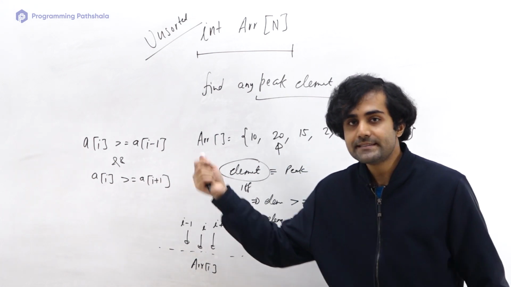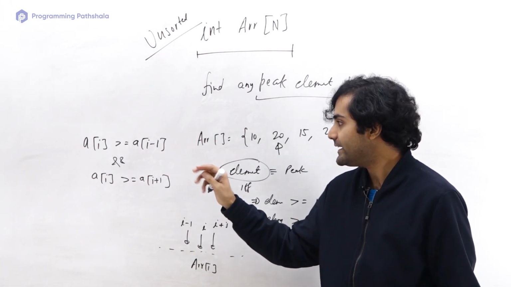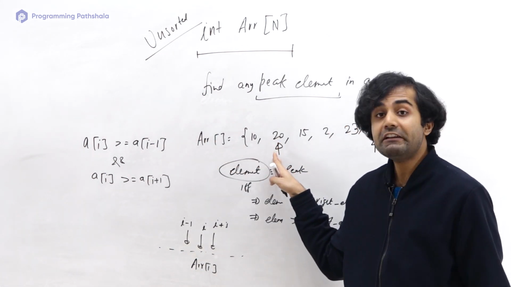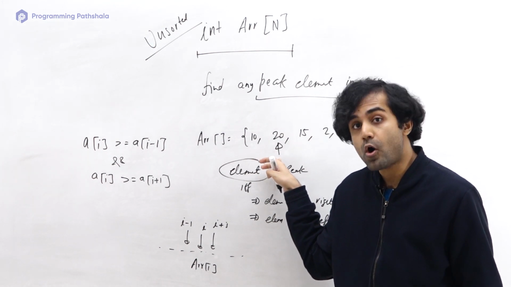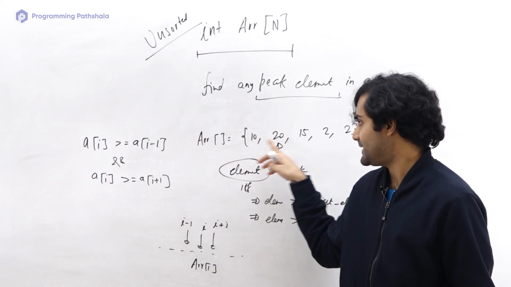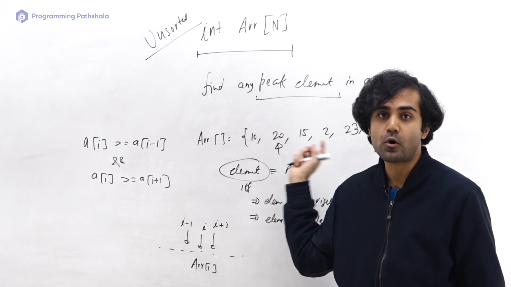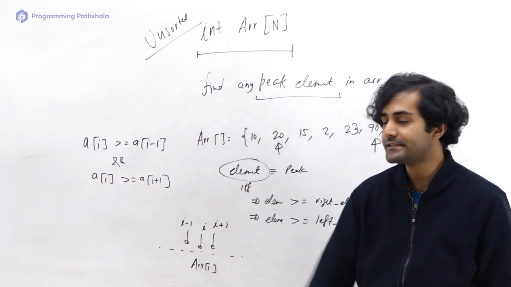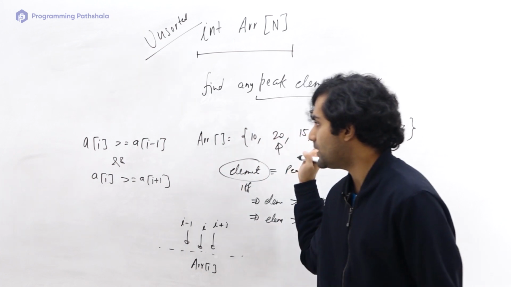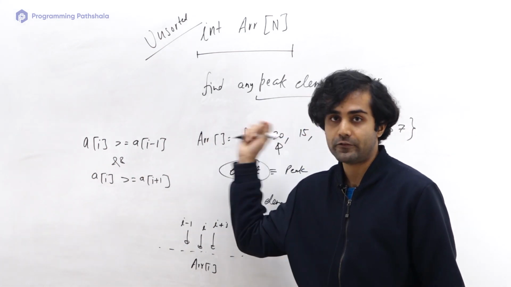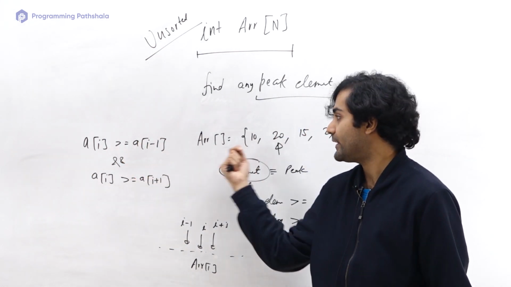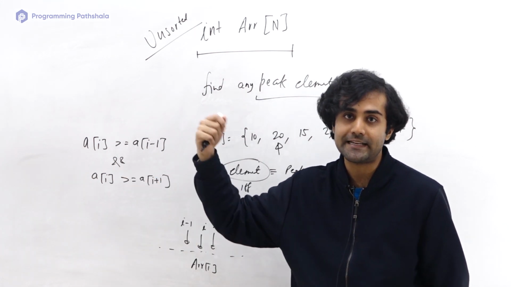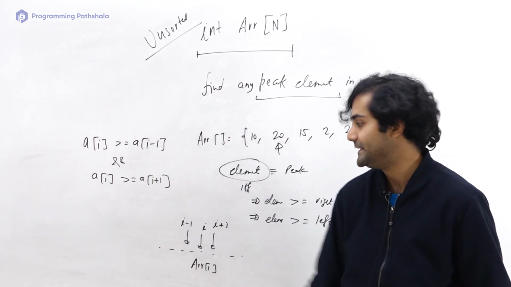So basically I can say in literal terms that an element is a peak if it is not smaller than its adjacent elements. So you can have a linear search in which you check this condition for every a of i, and based on that you mark it as a peak.